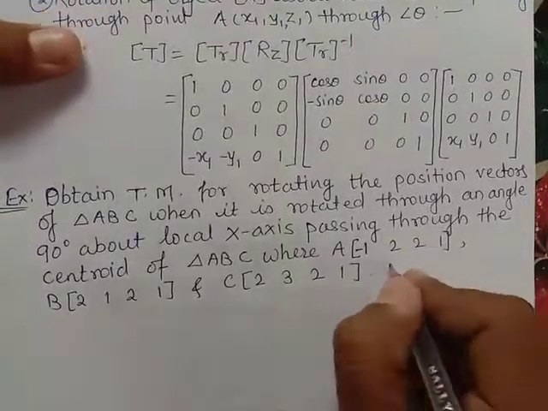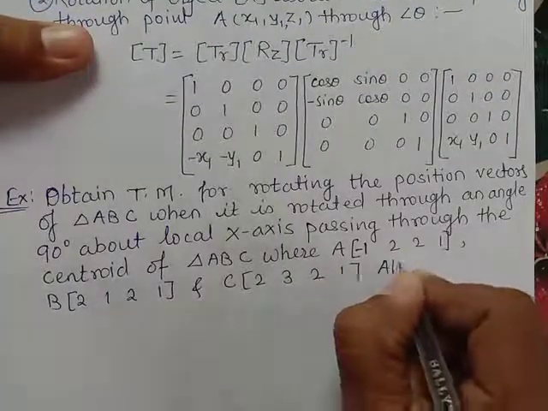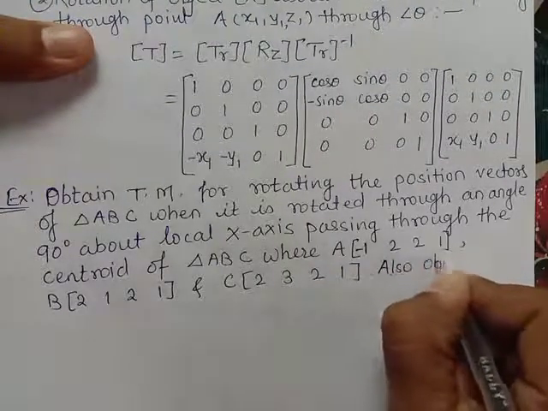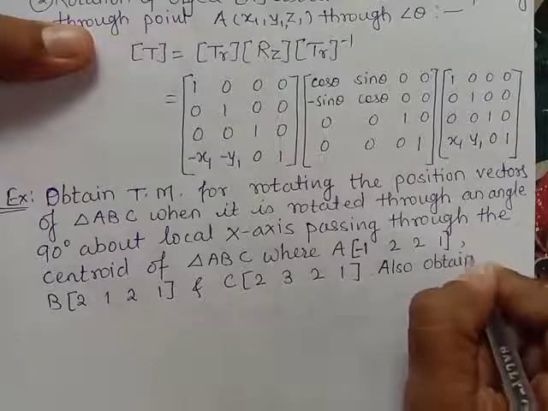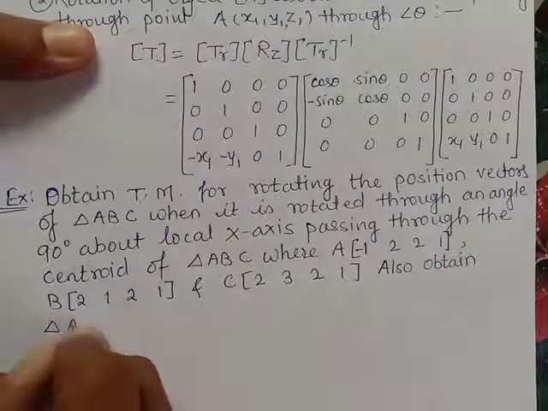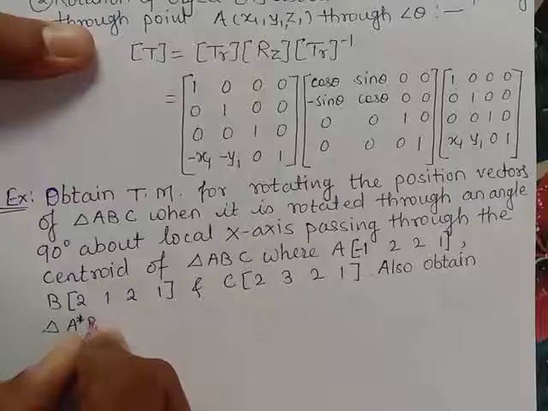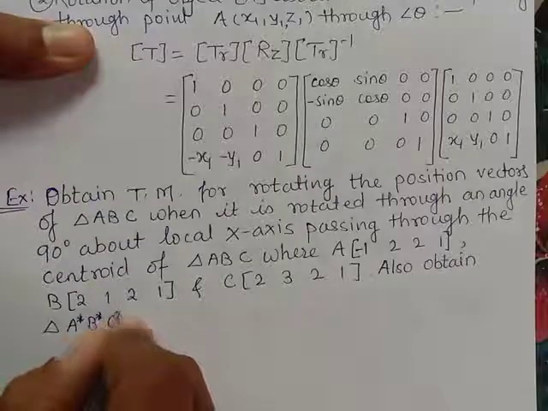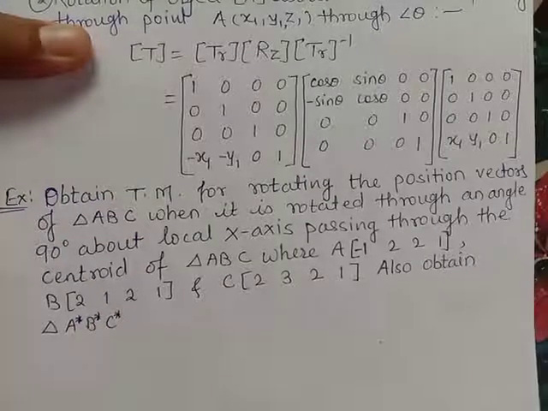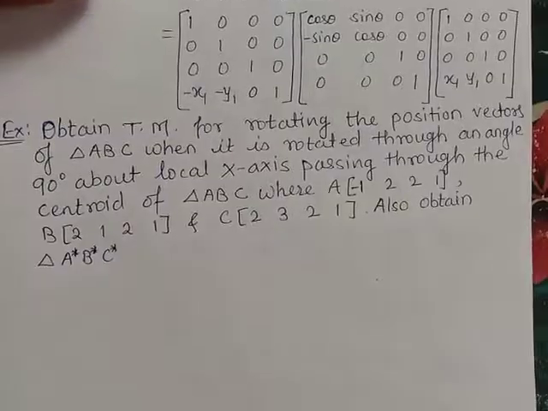Also obtain triangle A star, B star, C star. That is the new transformed triangle, right?